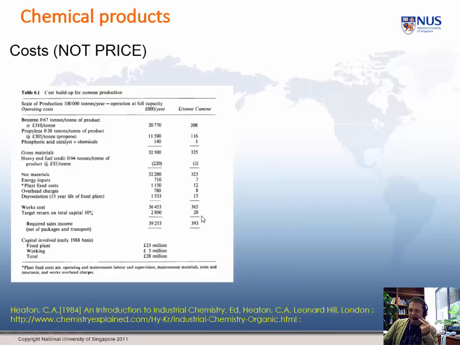And if I follow this down, I find that the total cost per ton of cumene needs to be £393,000 for them to cover costs on this plant.